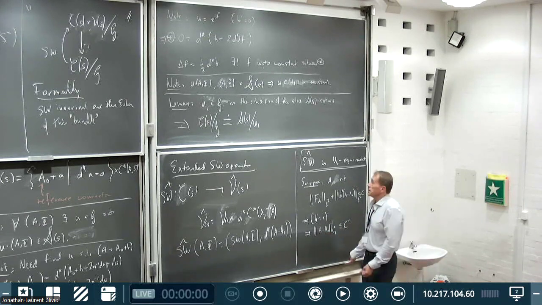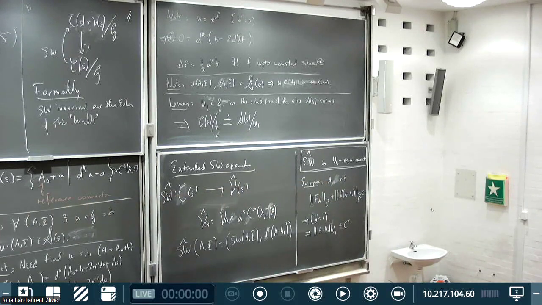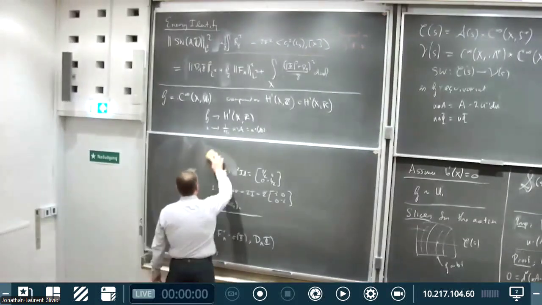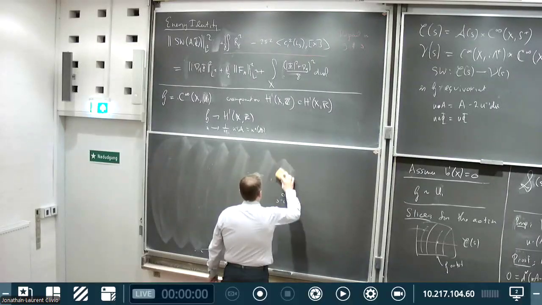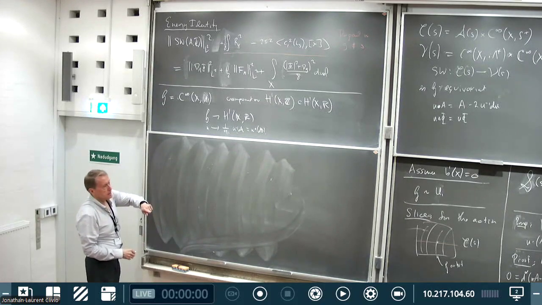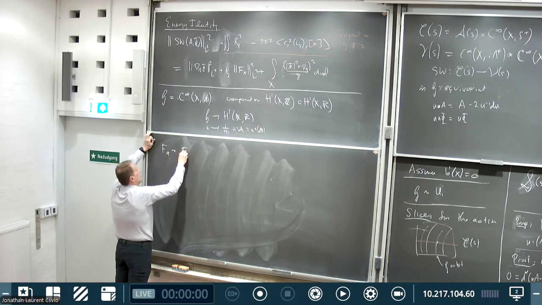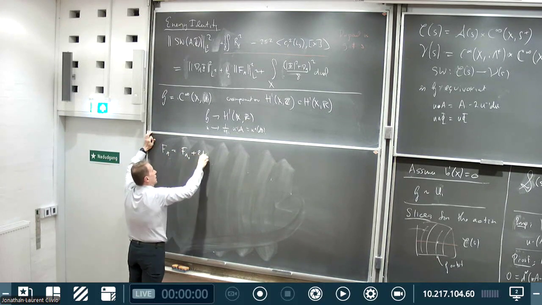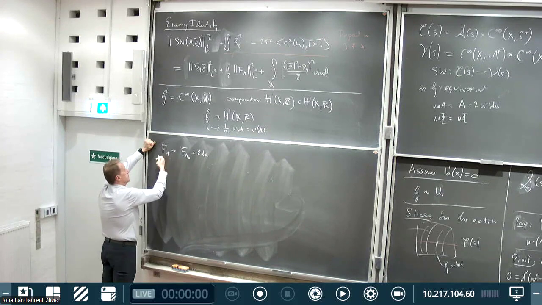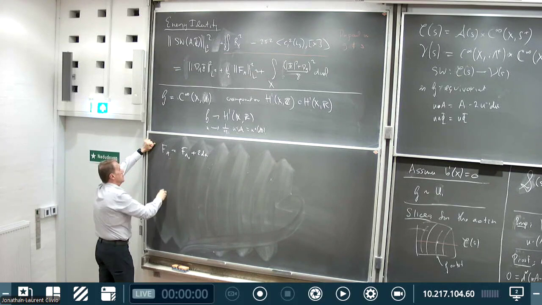And what's the point? The curvature of A is the curvature of the reference connection plus 2 dA.